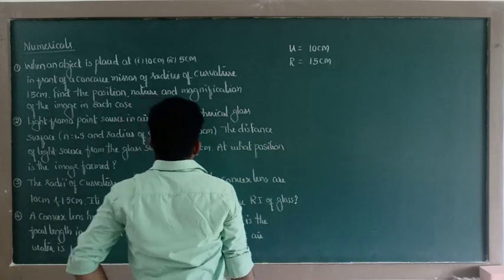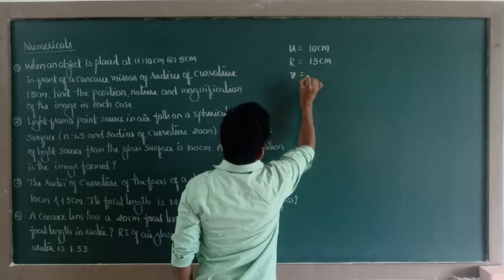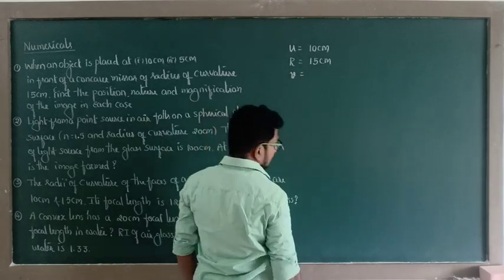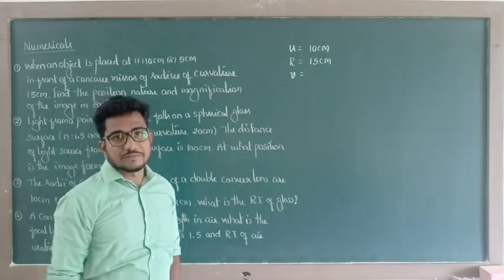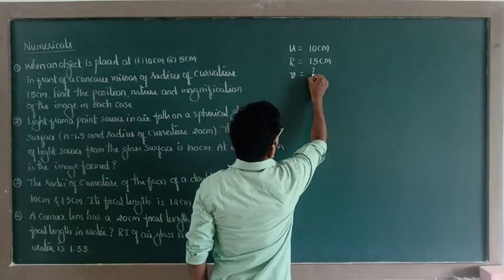Find the position, that means image distance, magnification, and nature. Nature means here virtual or real. Magnification is represented by small m.